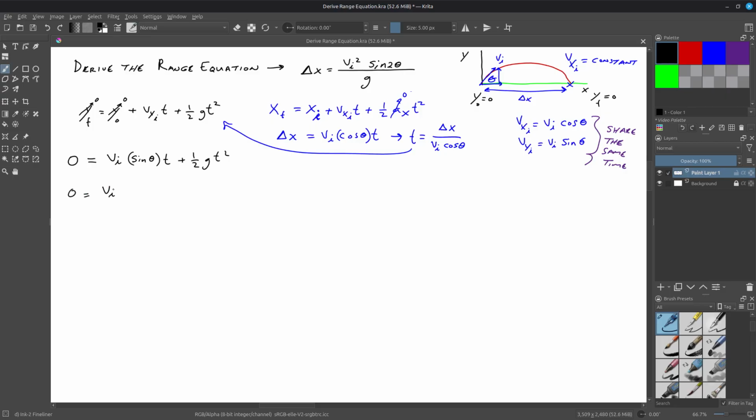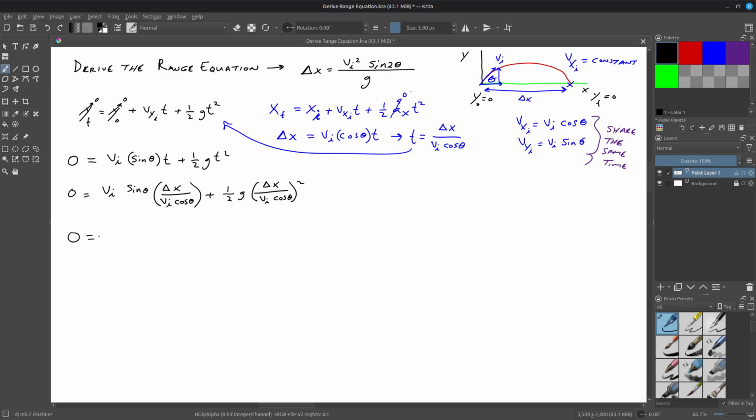So V initial sine theta times delta x over V initial cosine theta. This looks kind of promising. Plus 1/2 g times delta x over V initial cosine theta, and this is squared. All right, let's put this together.